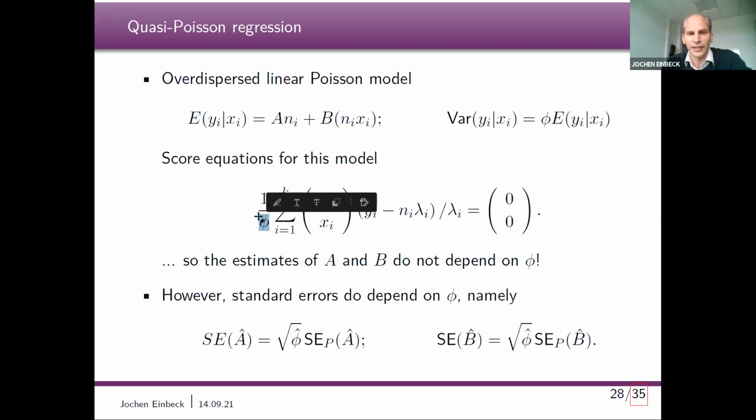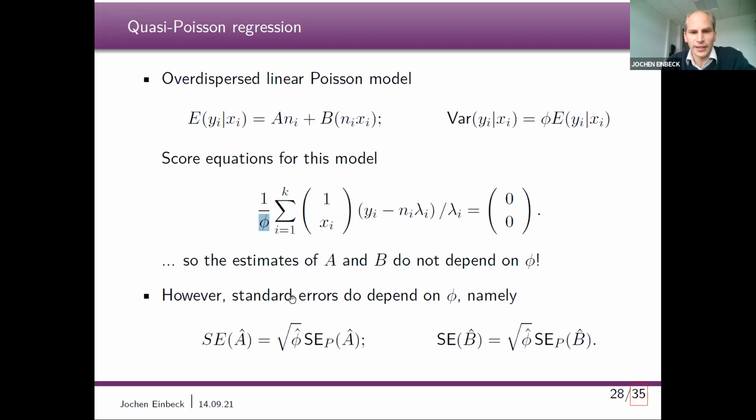So I could multiply with that phi and it disappears. That means even under overdispersion, you can still fit a Poisson regression, and the parameter estimates don't change at all. So that's great. From a pure calibration curve estimation point of view, you don't need to worry about this.